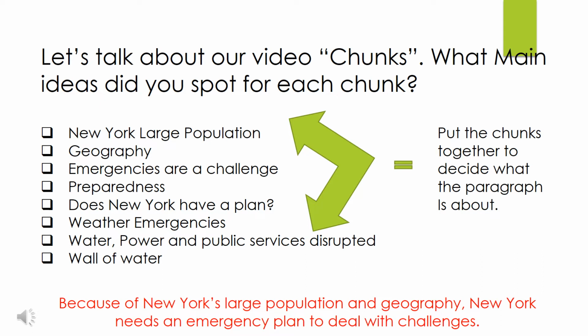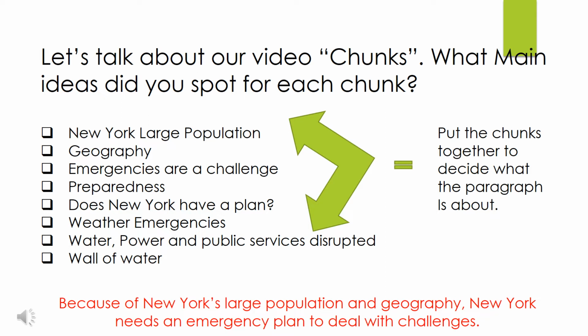But now we need to think about how do we put these chunks all together to decide what the paragraph is really about. So you can combine the chunks. We need to talk a little bit about each of the chunks together in one sentence. For example, because of New York's large population and geography, New York needs an emergency plan to deal with challenges. Does this describe basically the overall idea of this whole video?